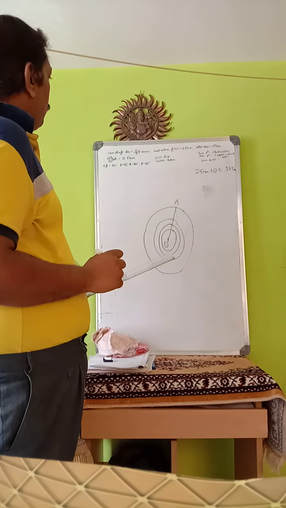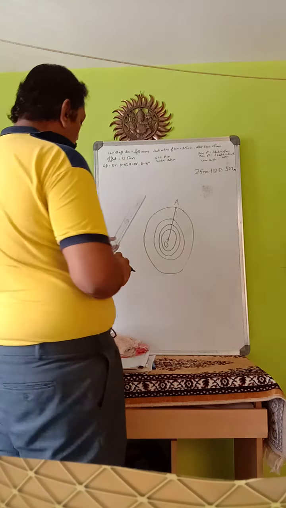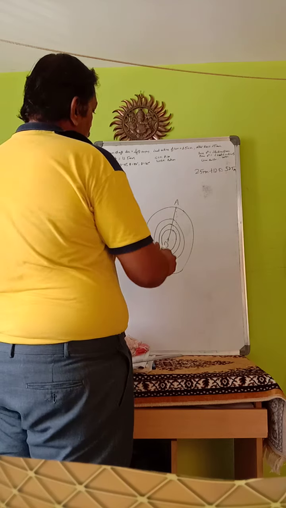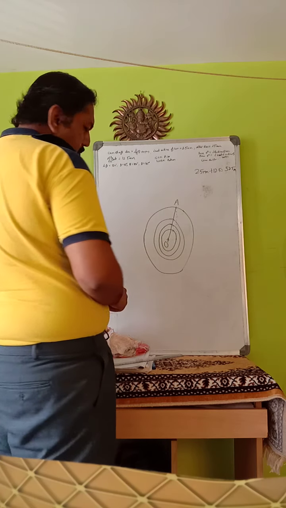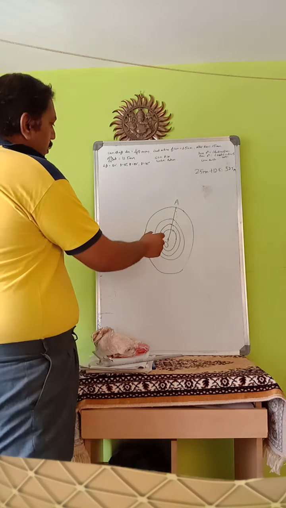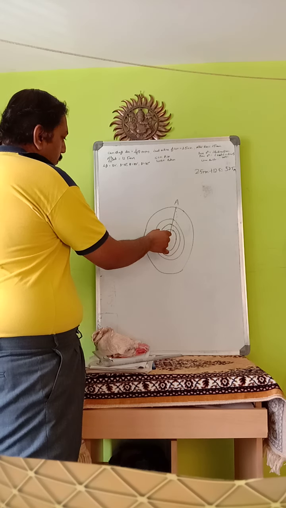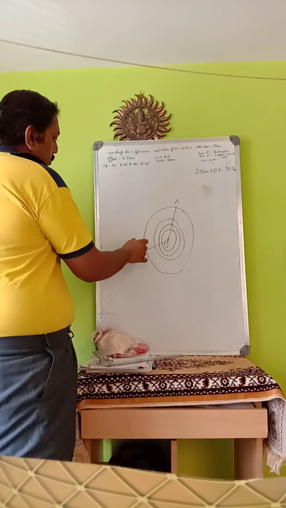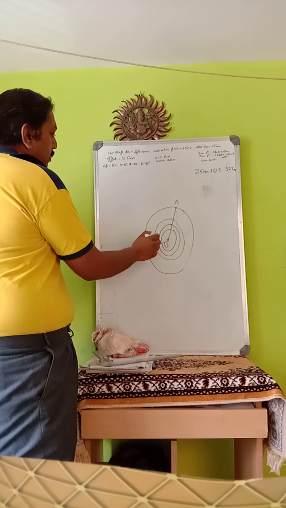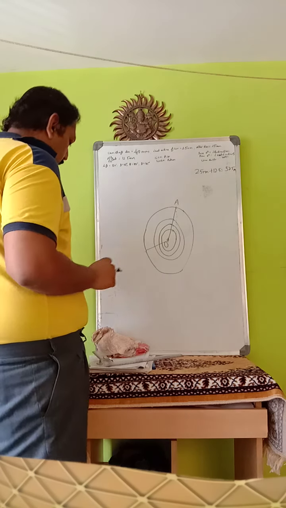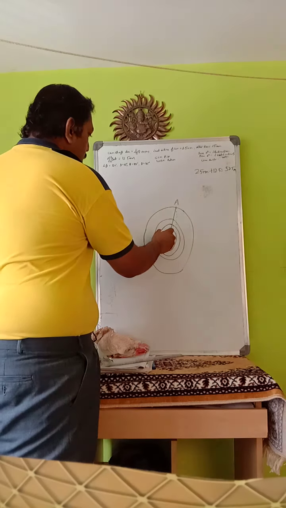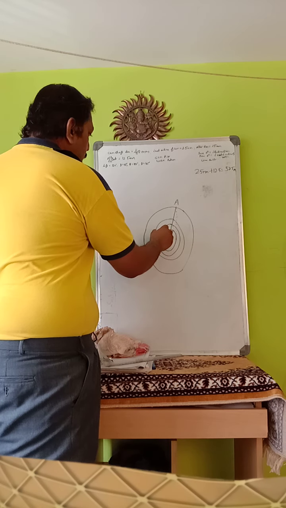You can take the protractor and make use of it. So 120 degree, this is 90 plus 30, so it comes around here. This is one rise, that is 120 degree.